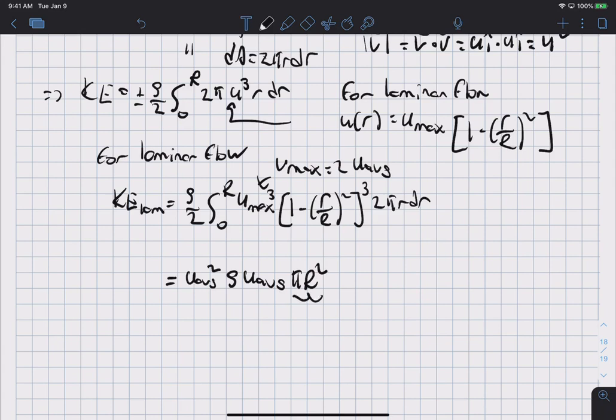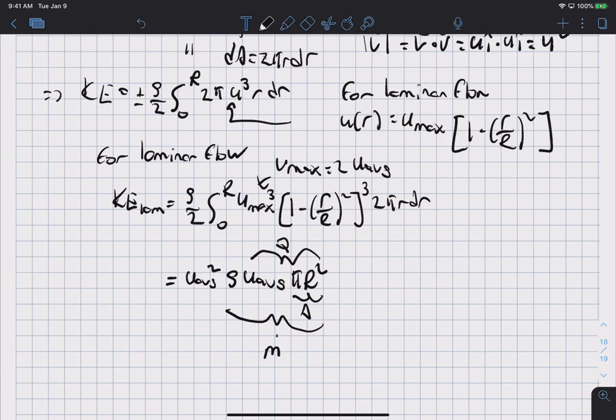Okay, well, this here is the area, and area times the average velocity is just q, and area times the average velocity times density.